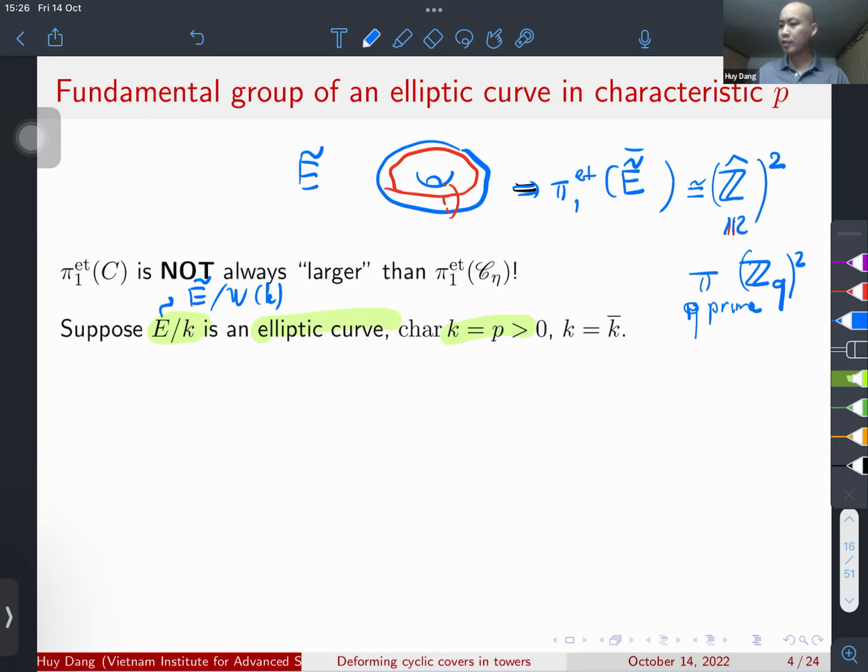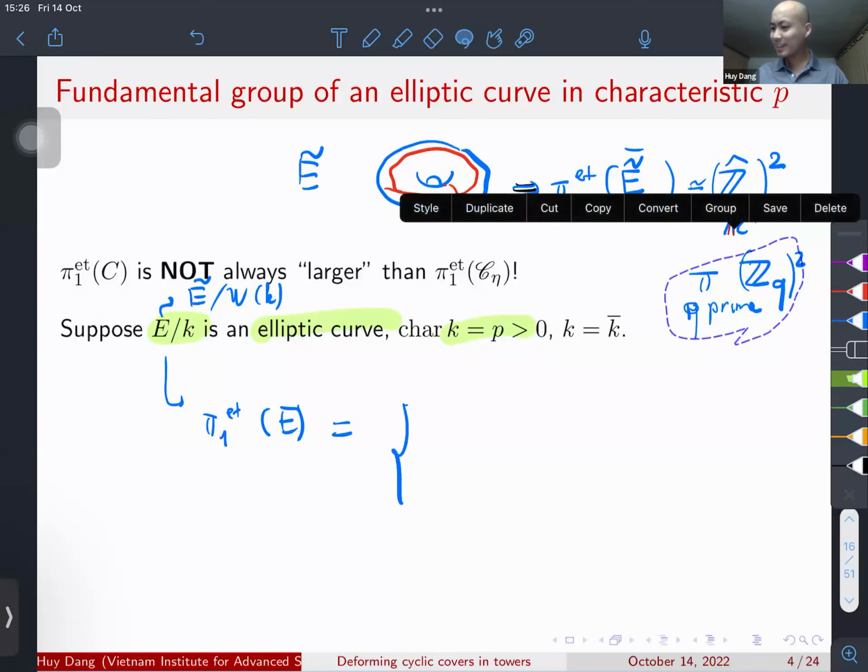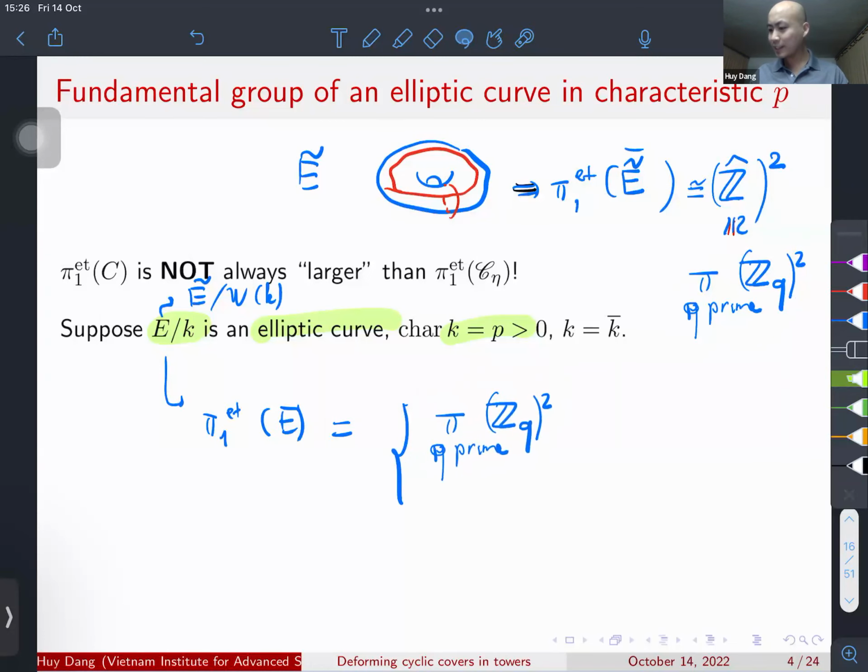So that's what it looks like over characteristic 0. But characteristic P is actually smaller. So in characteristic P, there are two cases actually.